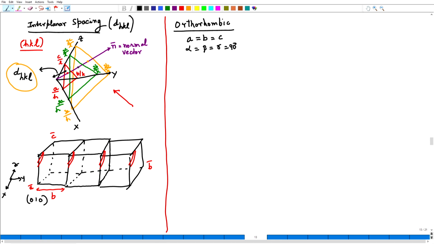Let us look at this example. Let me first draw a diagram with the HKL plane which is closest to the origin, because then all I have to do is drop a perpendicular from the origin onto that plane, and the perpendicular distance from the origin to the HKL plane would become the interplanar spacing.